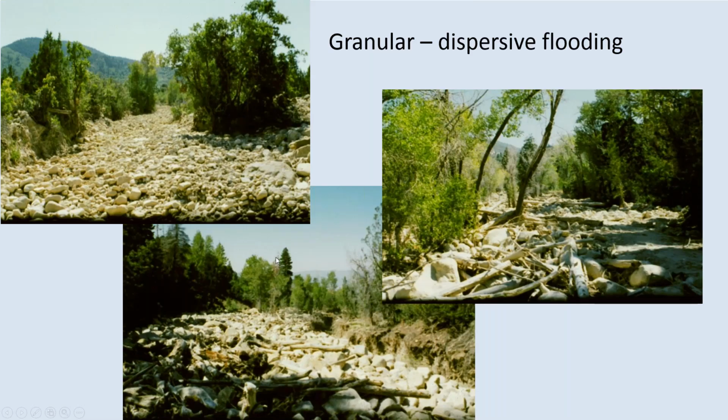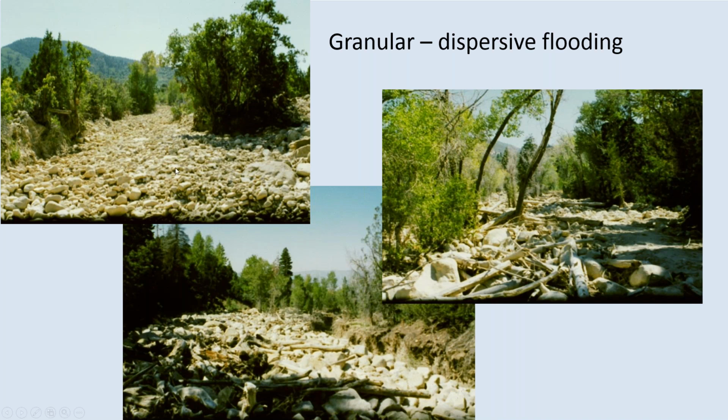Now, just to give you some comparison with some other types of flow, this is a granular flow. This was in Utah. This probably had some fines in the flood event, and the fluid itself was lubricating this flow, but the flow was principally rolling, and through the collision of particles, like billiard balls, the momentum of the flow was kept moving.